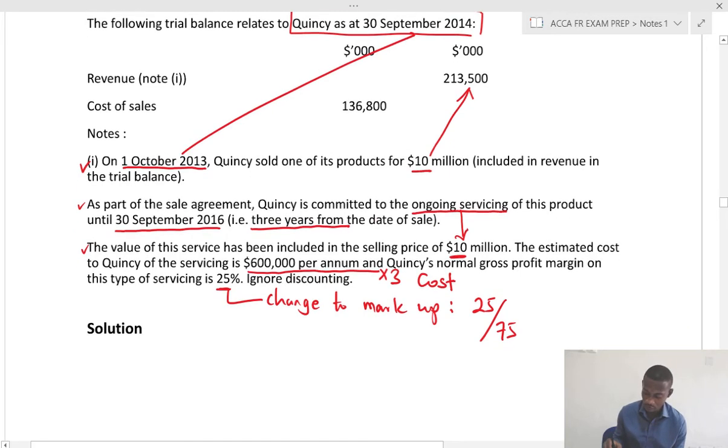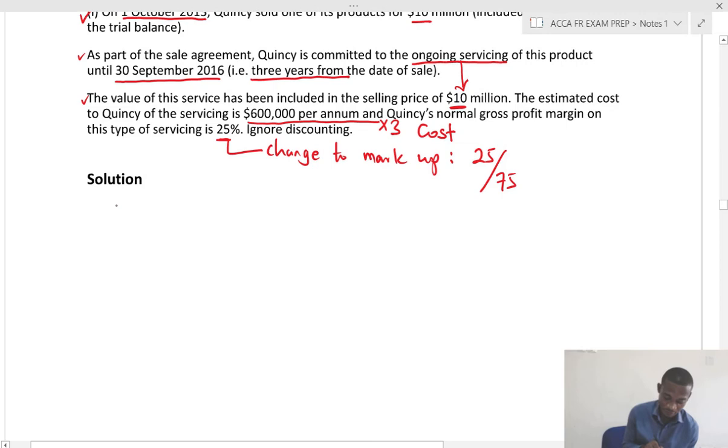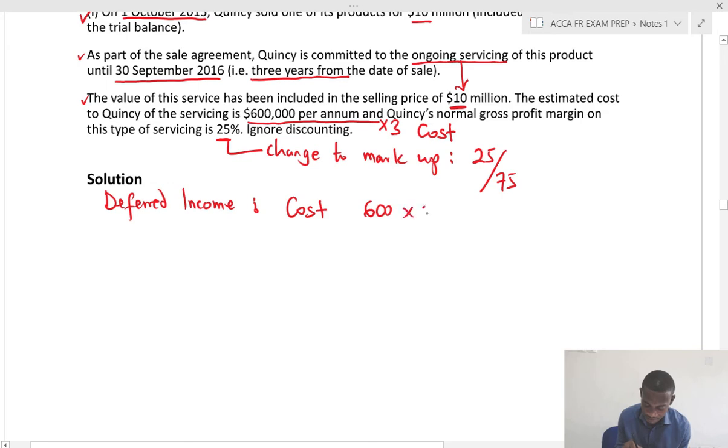So what we'll have to do is to find the deferred income. So let's see. Is it a cost of the servicing? So that will be 600 times 3.